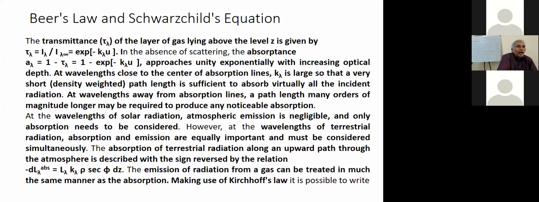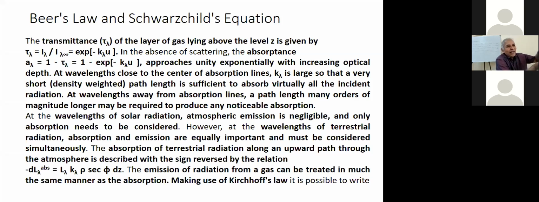Now, at 15 micrometer, K lambda is so large that only a small vertical extent of CO2 is adequate to absorb virtually all the incident radiation, that is, all the terrestrial radiation coming from the Earth atmospheric system. Whereas if you are not at the center of the absorption band, but slightly in the wings, then the absorption coefficient is not as large.